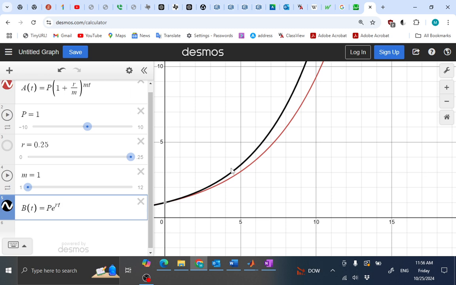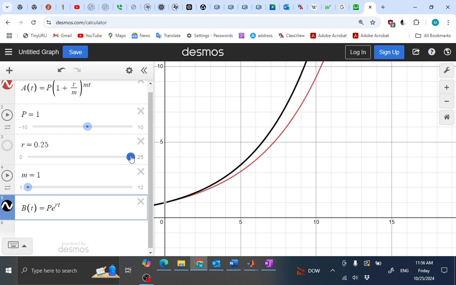You notice that this exponential, graphed in black, is much higher than the red one, even though the red one was at a humongous interest rate of 25%. Continuous is much more than that.